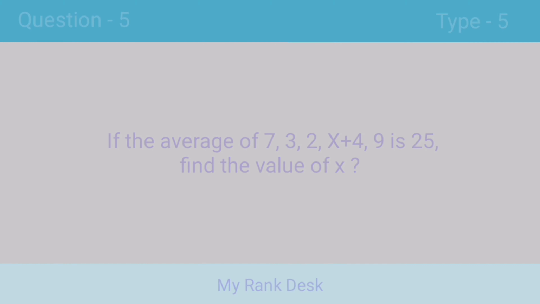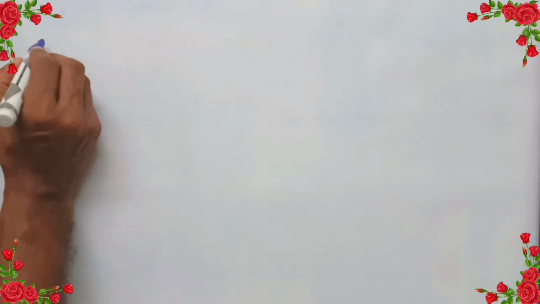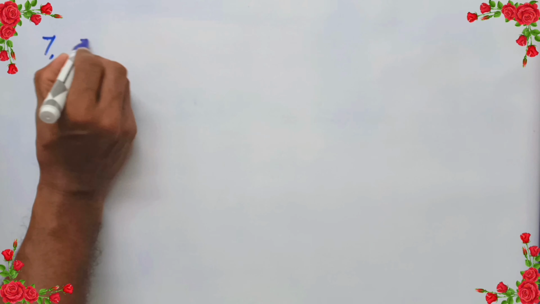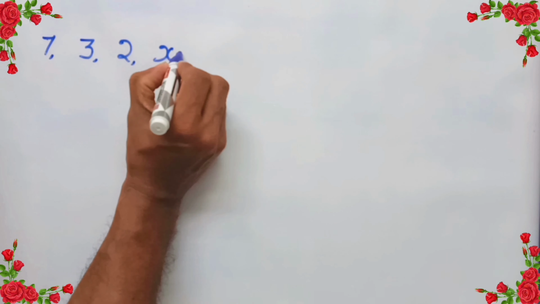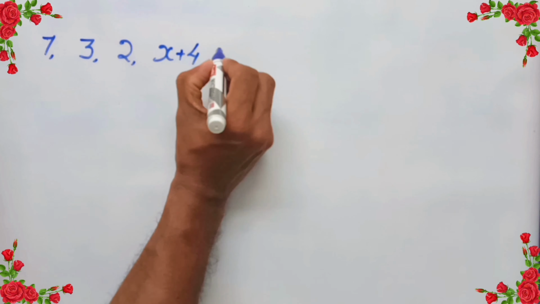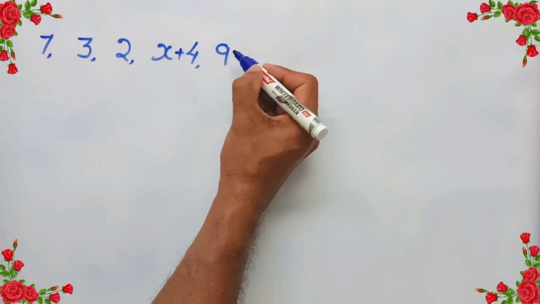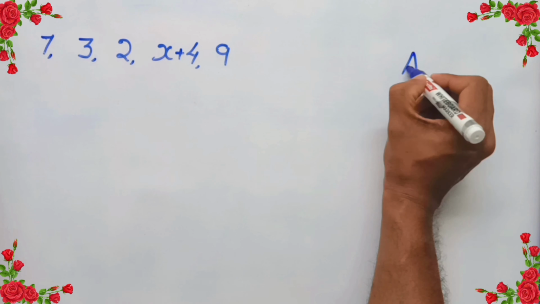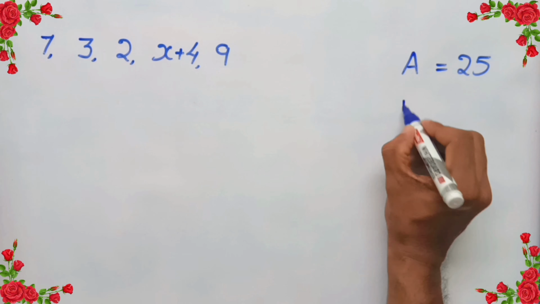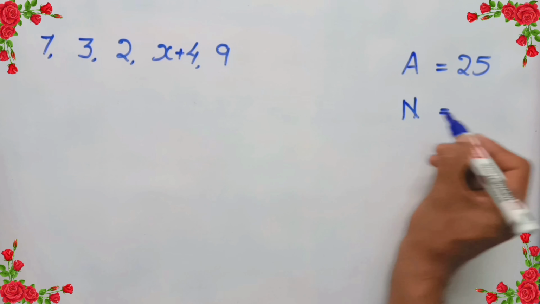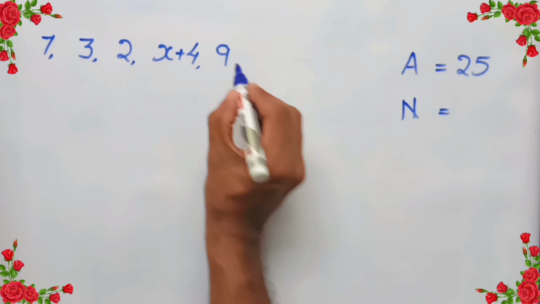Let's solve the question. The given terms are 7, 3, 2, x plus 4 and 9. And also given that the average of these observations is 25. And we know that the number of observations is 5.